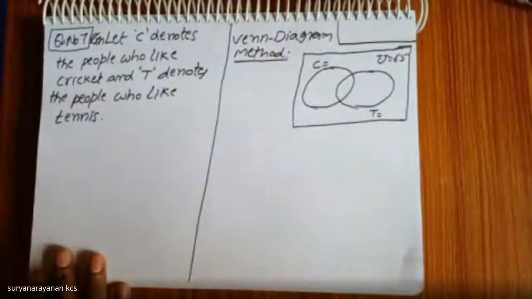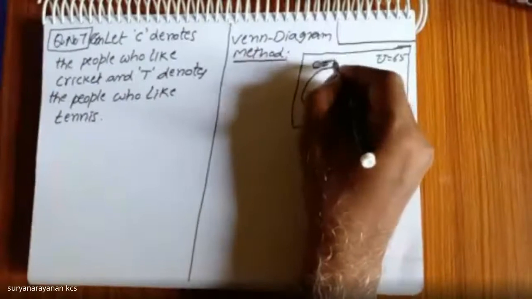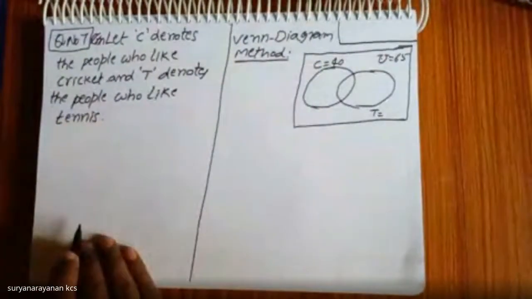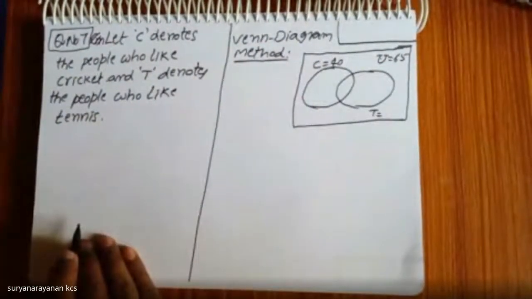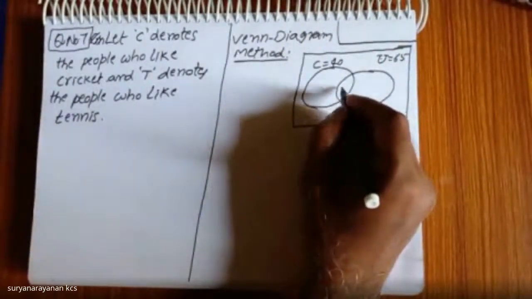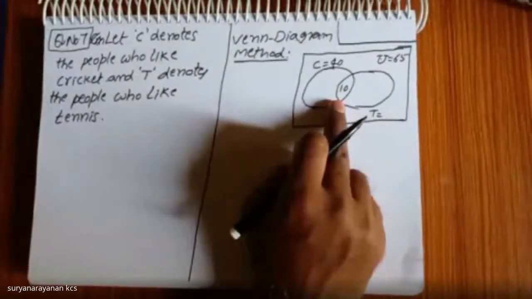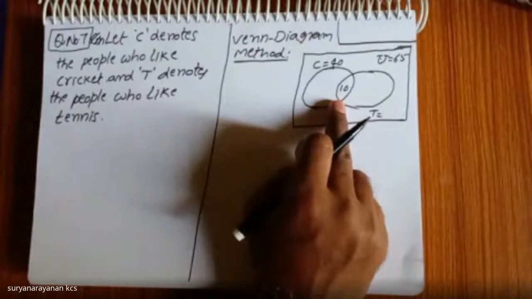What is given here? 40 people like cricket, 10 people like both cricket and tennis. Here, in this area, 10 people like both cricket and tennis.